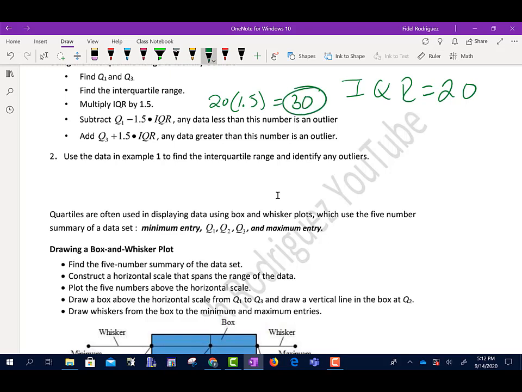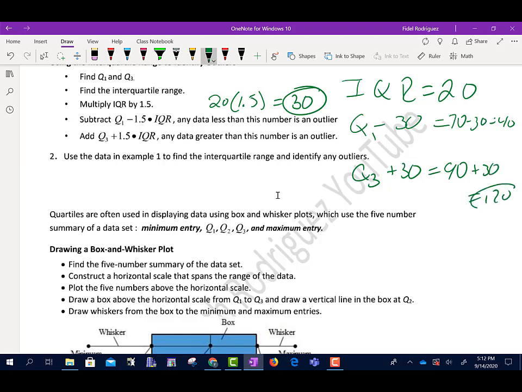That's going to give me 30. Now we're going to take Q1 minus 30, and Q3 plus 30. Q1 was 70, minus 30 is 40. Q3 was 90, plus 30 would be 120. So any number smaller than 40 or any number bigger than 120 would be an outlier.